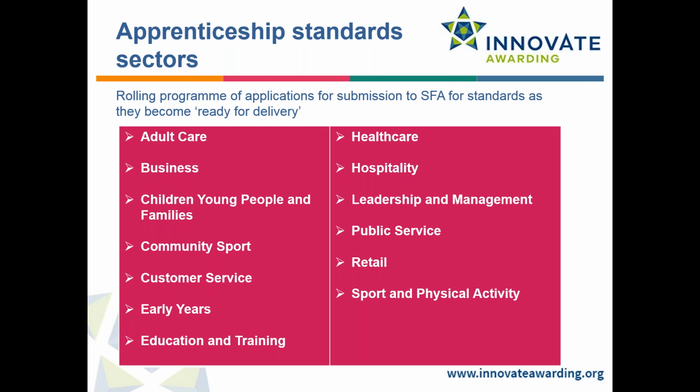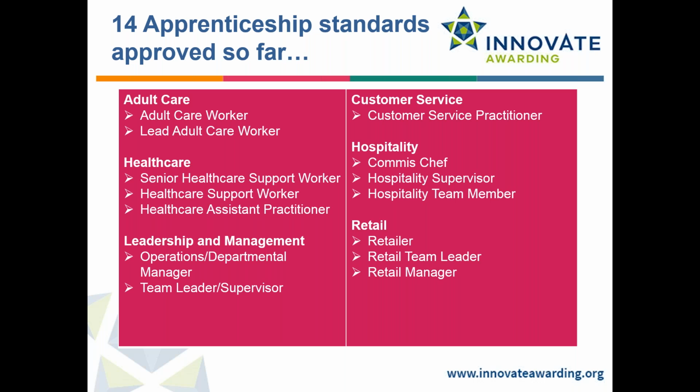Unfortunately, we can't apply to the SFA for approval to deliver until the standards and the assessment plans are themselves ready for delivery. But we are on a roll with these, and we have so far 14 standards approved, and these are the details.